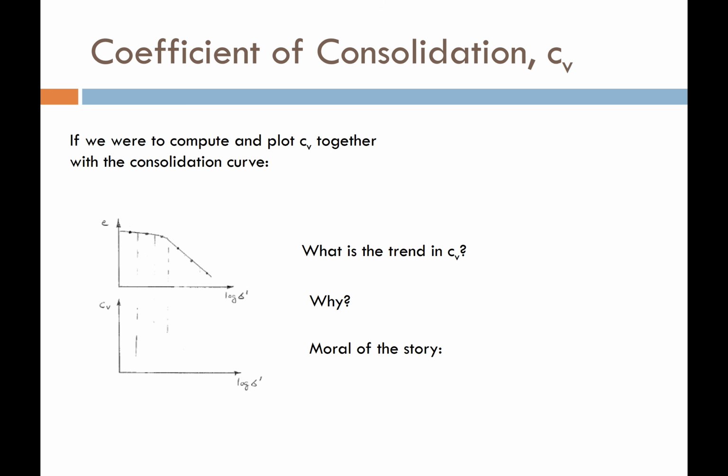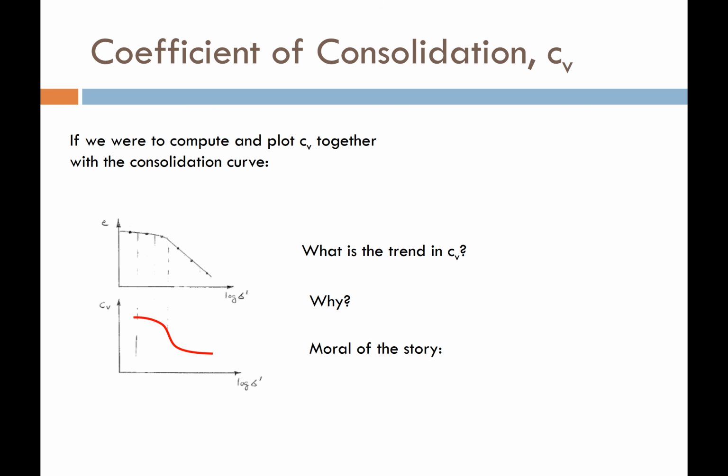So if we were to measure C sub v as a function of the stress that the soil is feeling, and plot it with a corresponding consolidation curve developed from a consolidation test, here's what we would see.